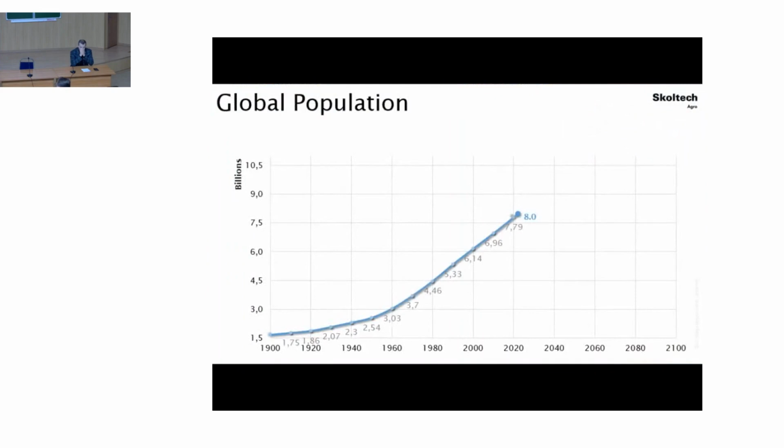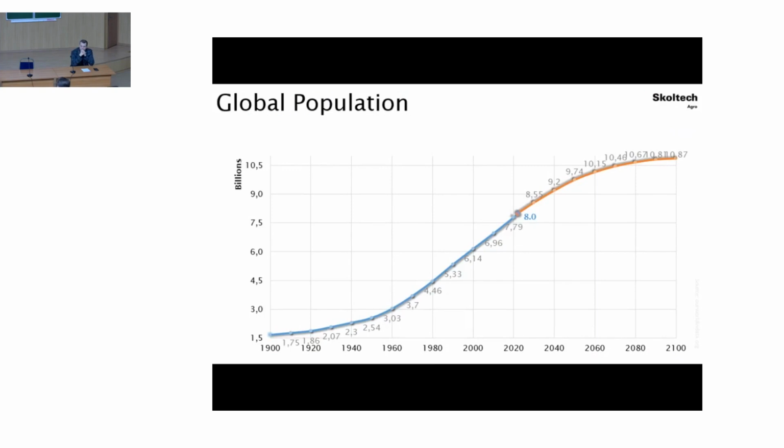So we know this month we have reached 8 billion people on Earth, right? And the projection is that in the next 25 years, we'll reach around 10 billion, and then the rate of growth of population will slow down, right?